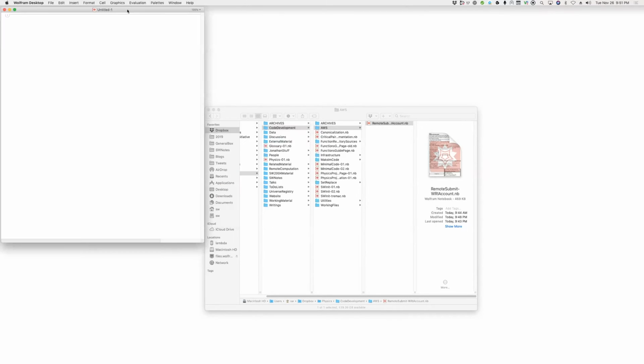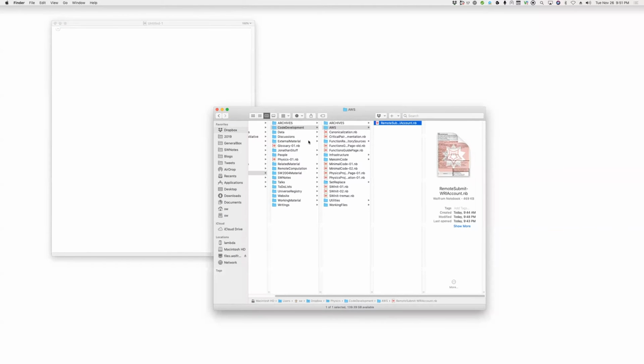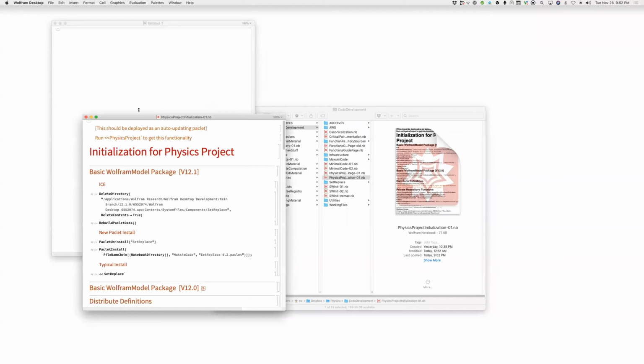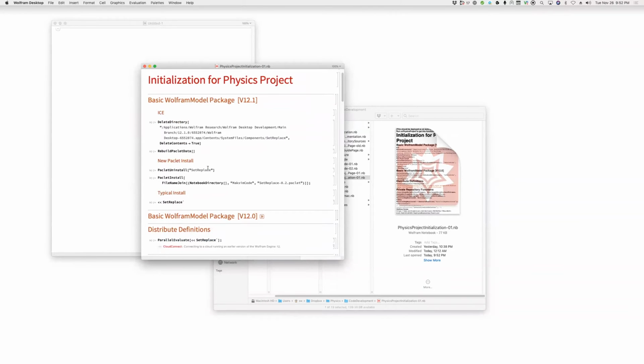Okay. All right, let's rerun this. Okay, so let me show you what we have to do to get the thing to. Okay, so we have physics project initialization. Only some parts of this are relevant.